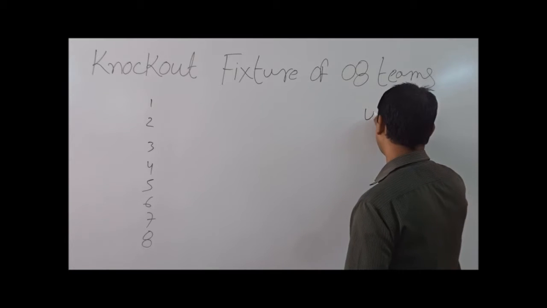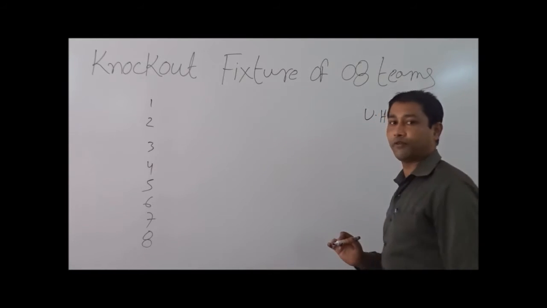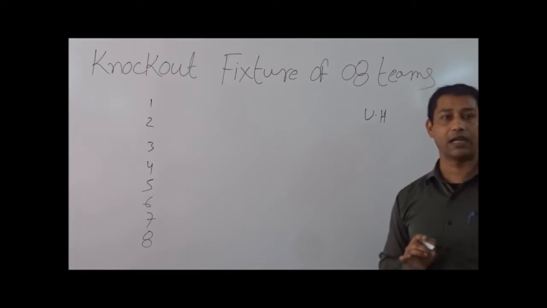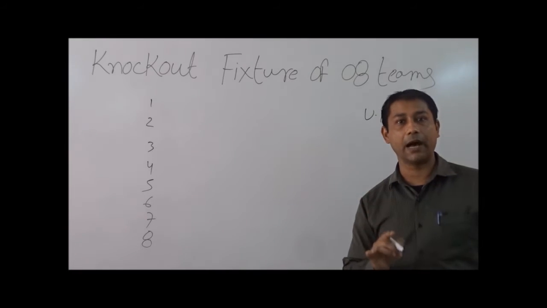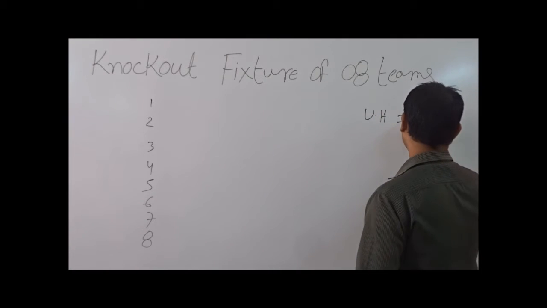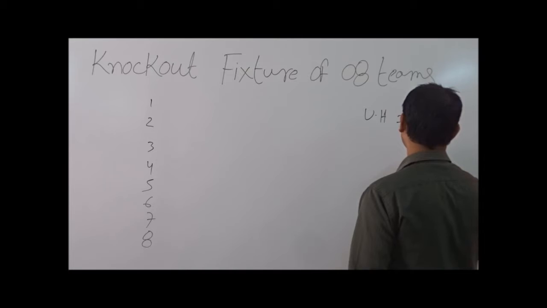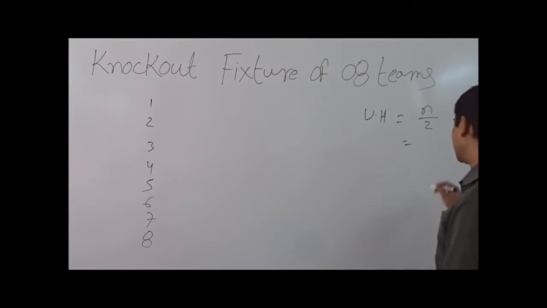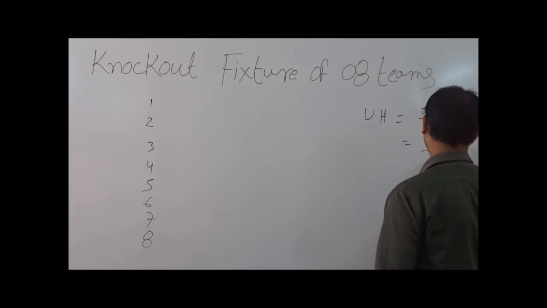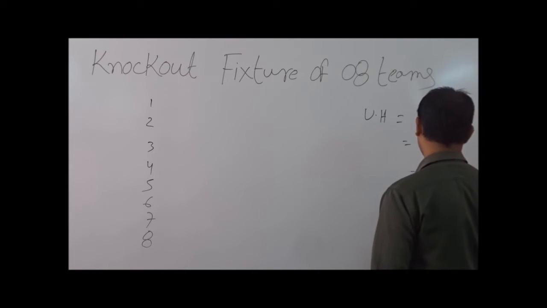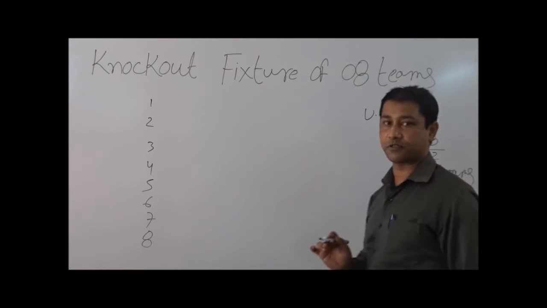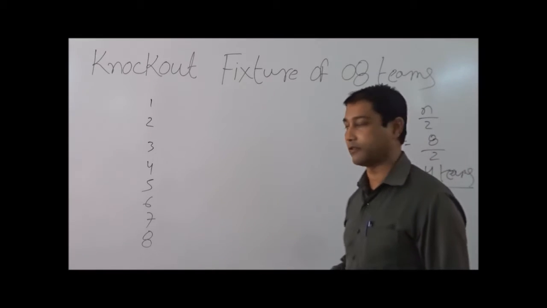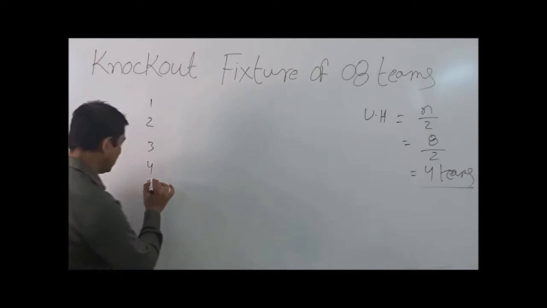So for an even number, the formula for distributing teams into upper half and lower half is n upon 2, where n means number of teams participating. So 8 upon 2 stands 4 teams. So 4 teams will be in upper half and 4 teams will be in lower half.